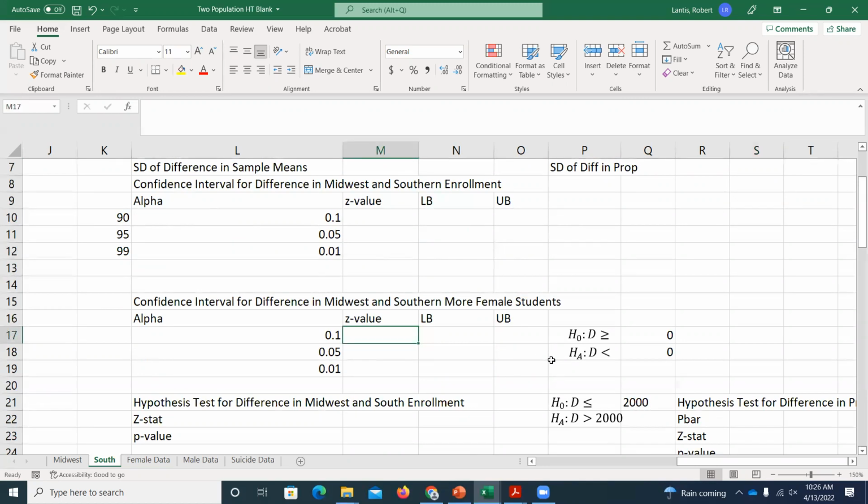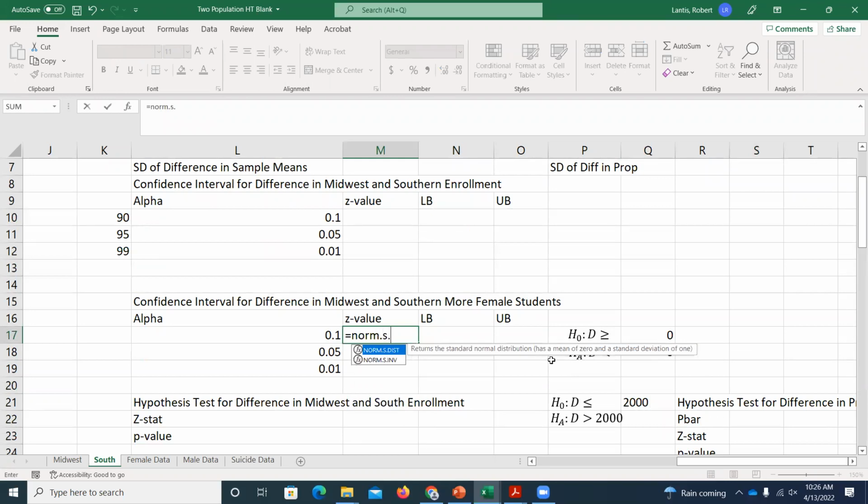So here, I'm going to do norm.s.inv to find these z values first. Now I'm just going to use that 1 minus alpha over 2 instead of using the absolute value function, but both ways should give me the same positive z value.